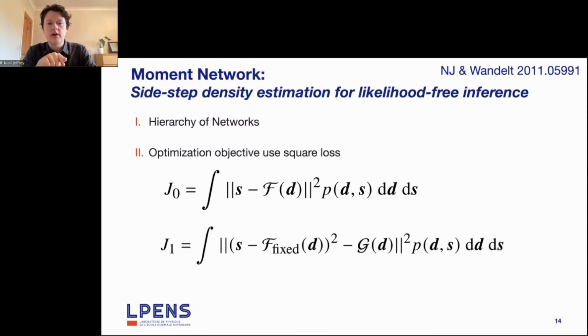F is now giving me my posterior mean. If I take all my signals in my training data, subtract the posterior mean for the associated data, and square that, I then find a different function G that tries to output this quantity on the left, subject to a squared loss again.